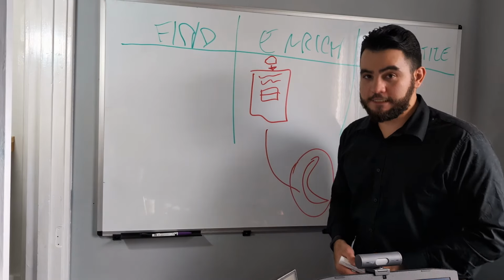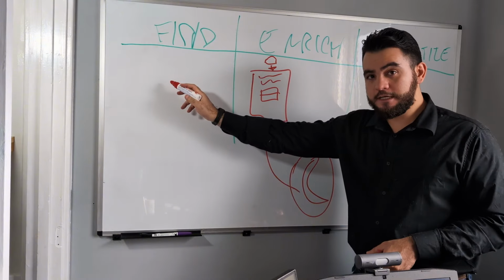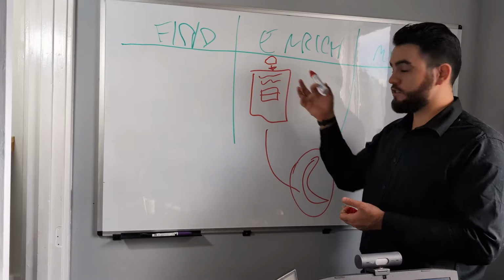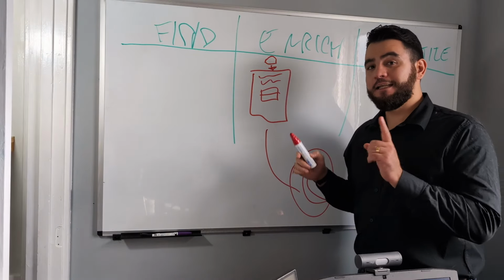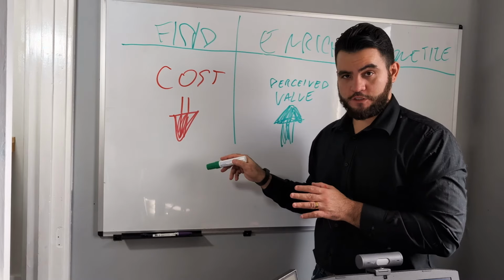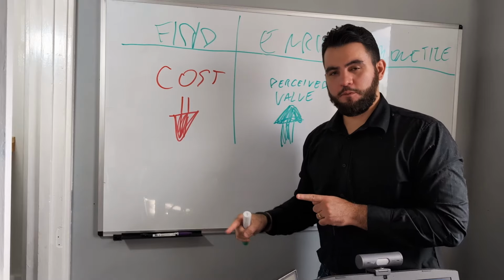So the answer is no. So you need to go to the finder phase previously, just so you can reduce the cost on the second phase. And at the same time, the first phase is to reduce the cost. We are finding people, the right people.